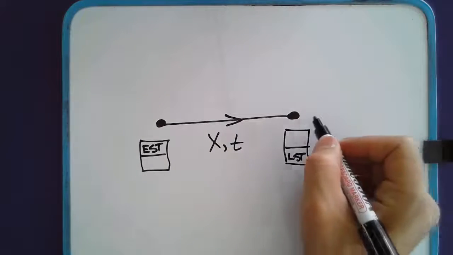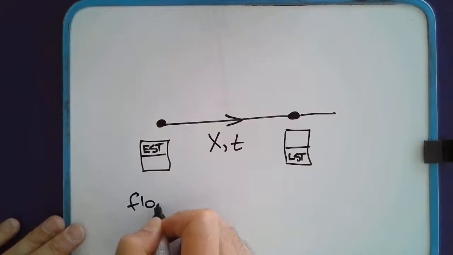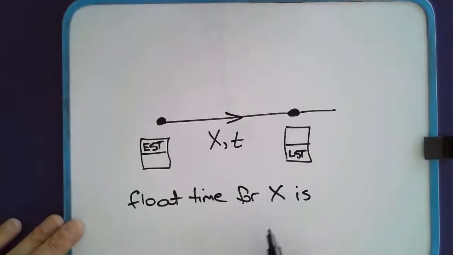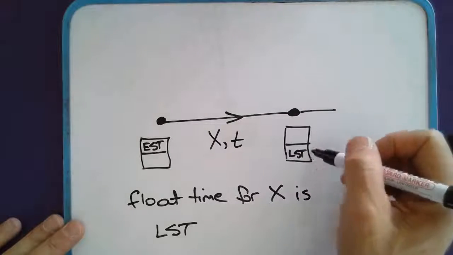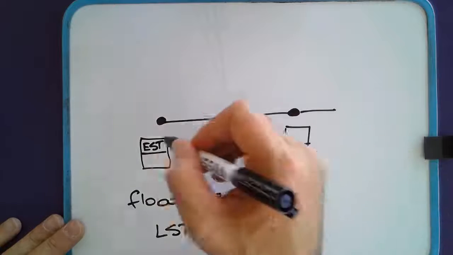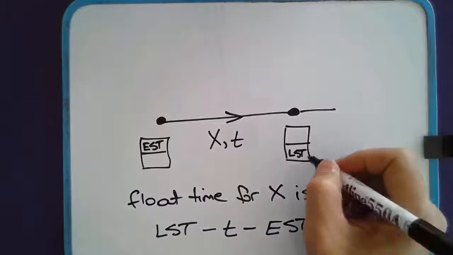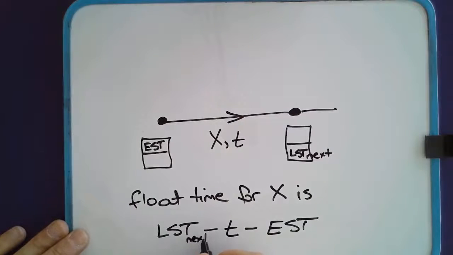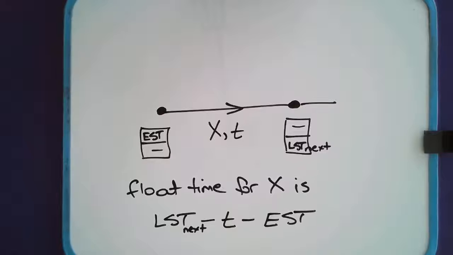This is the LST of the activity that comes after activity X. So the float time for X is given by the formula: the LST of the activity after X, minus T, minus the EST. That should be LST next, just to clarify a little more. We don't worry about this box here, or this box here, when we're working out the float time.